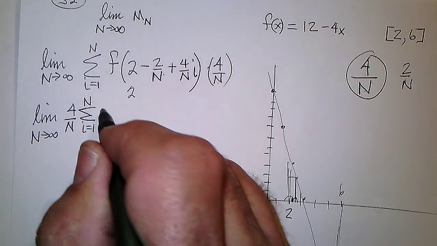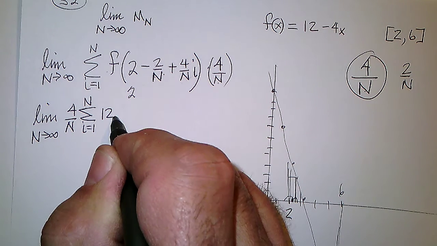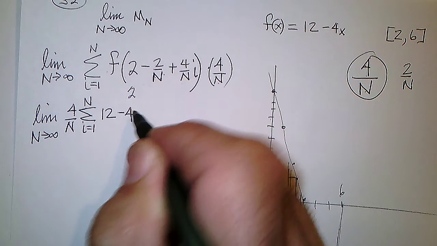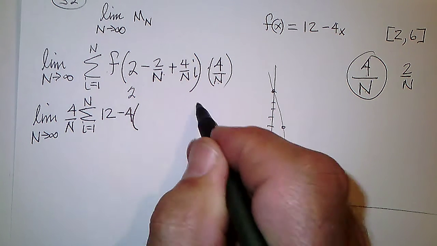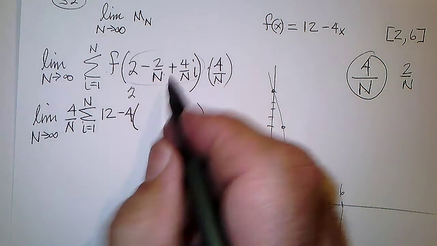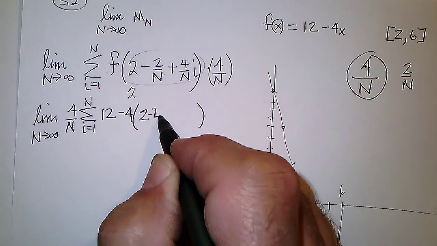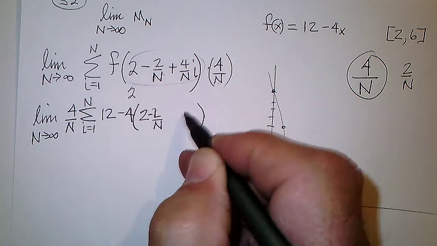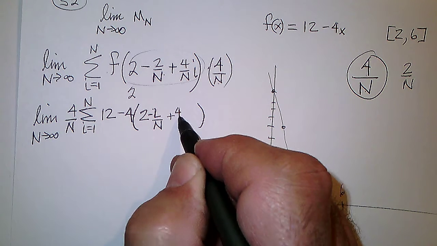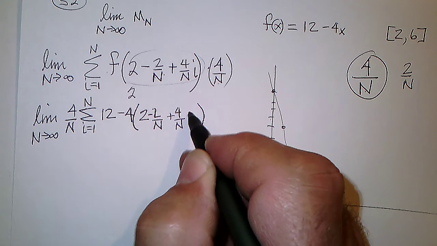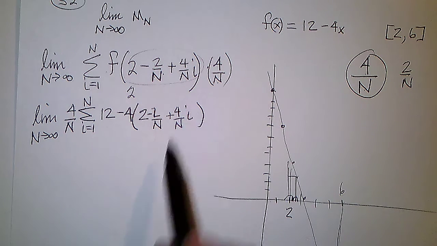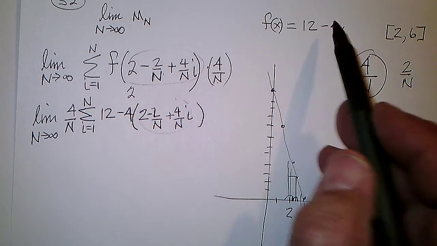So we're going to have 12 minus 4 times x. And x is going to be all of that. 2 minus 2 over n plus 4 over n I. That's what I'm putting in for x.